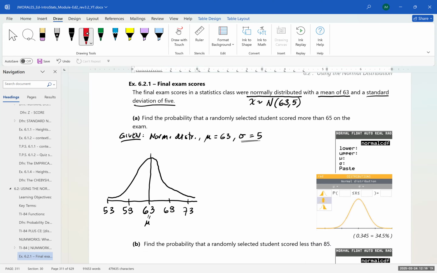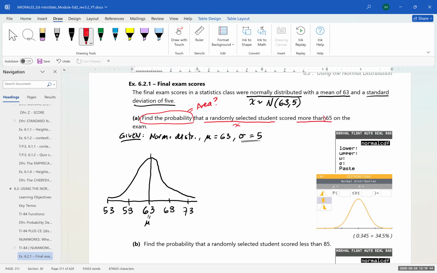Now, what is this problem asking for? Find the probability. When you say find the probability, immediately you should think of area. Probability is area. That a randomly selected student, so that's a value of x, scored more than 65.